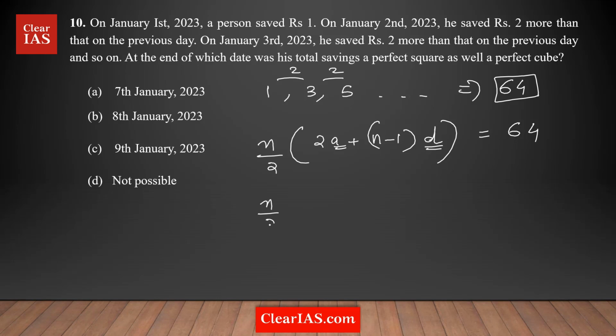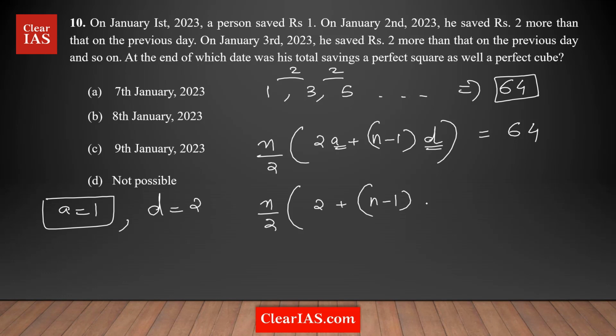Instead of a, you put the value 1, the first term, and the common difference is 2. So it's n by 2 times 2 plus n minus 1 times 2, which has to be equal to 64. That is n by 2 times 2 plus 2n minus 2, where the 2 will get cancelled.